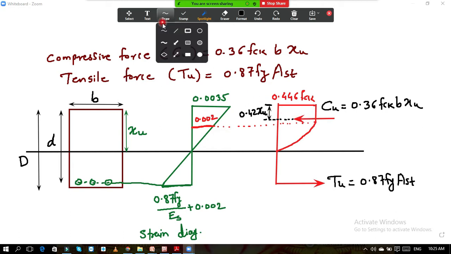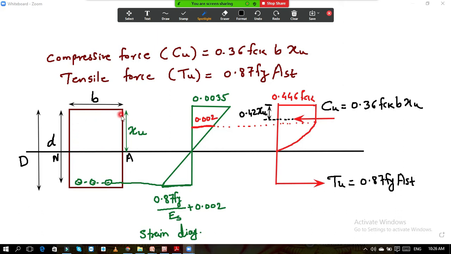Now, whatever area is there above the neutral axis, I will give the name to this. This is our neutral axis, NA. The fibers which are above the neutral axis are subjected to compression. So what is the area of the compression?